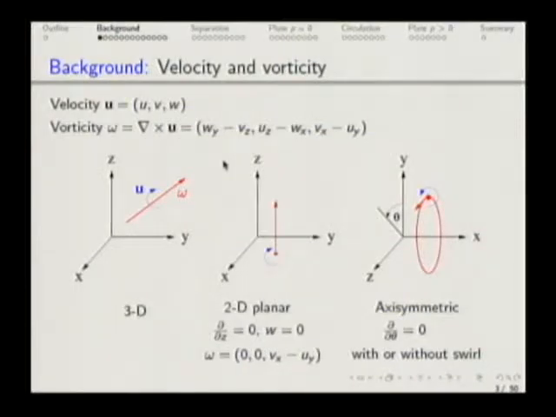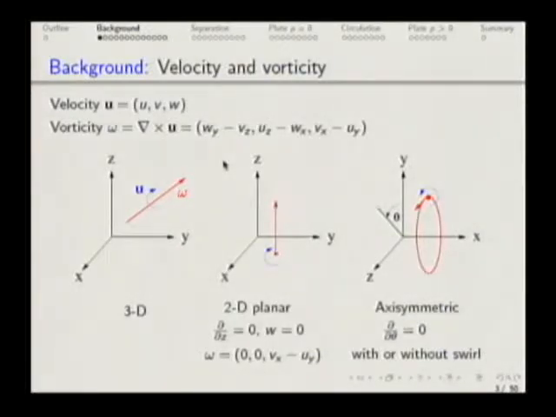All right, so the background. My velocity is u. The vorticity is the curl of the velocity. It has three non-zero components in general in 3D. The velocity is a vector. If the vorticity is smooth, there is a rotational component of the velocity around it. 2D flow refers to invariance in the z direction and zero velocity in the z direction.